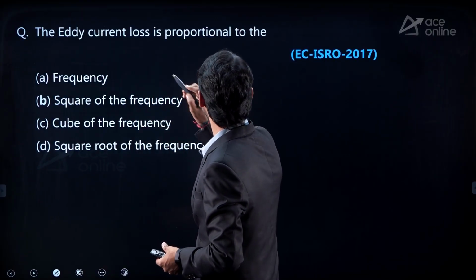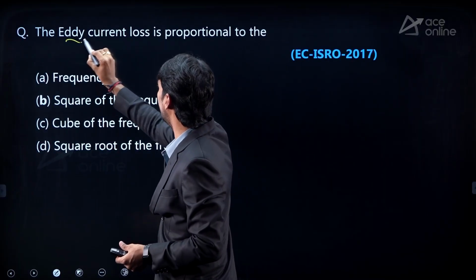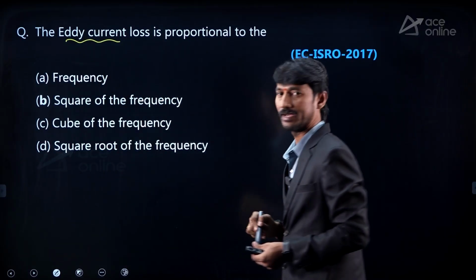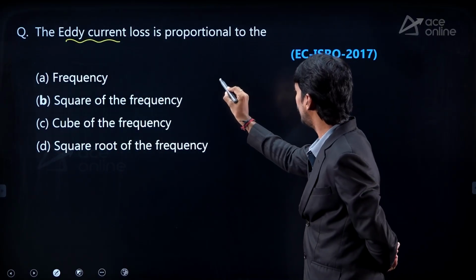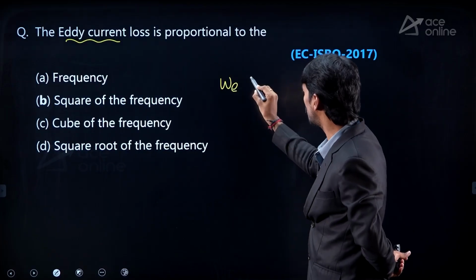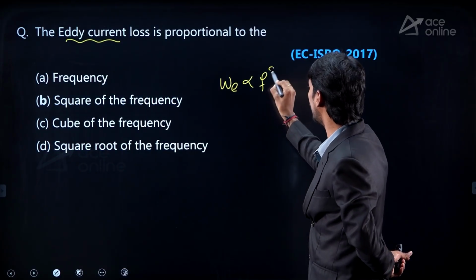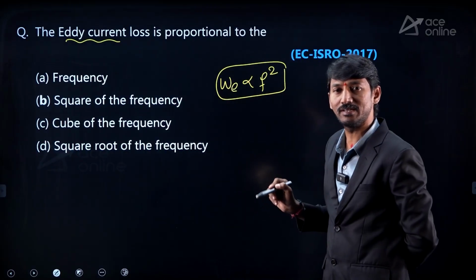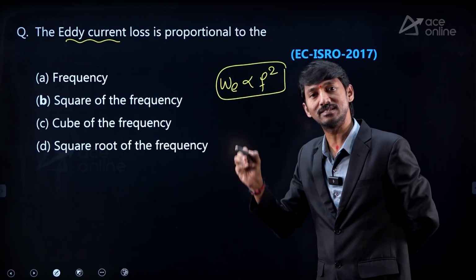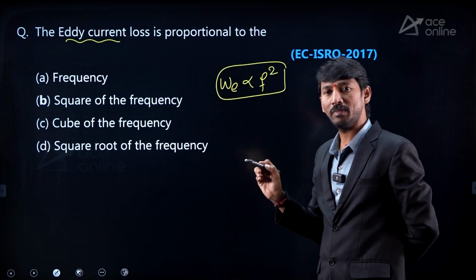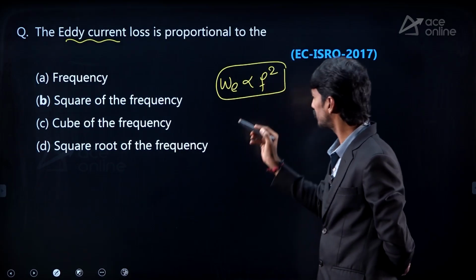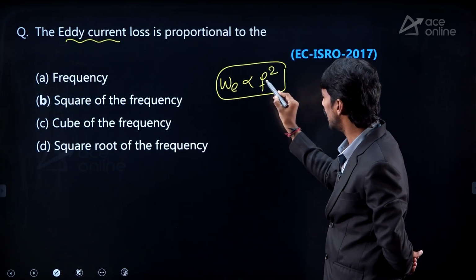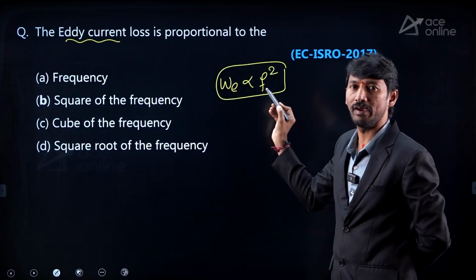The eddy current loss is proportional to dash. Generally, the eddy current loss is proportional to the square of the frequency. If nothing is given, we need to consider that maximum flux density is a constant. As the maximum flux density is a constant, the eddy current loss is directly proportional to the square of the frequency.